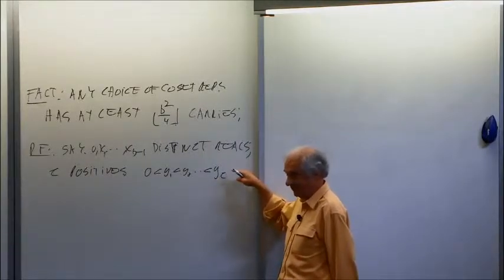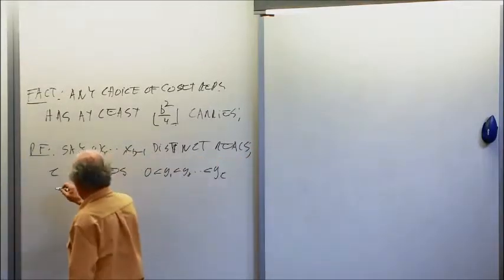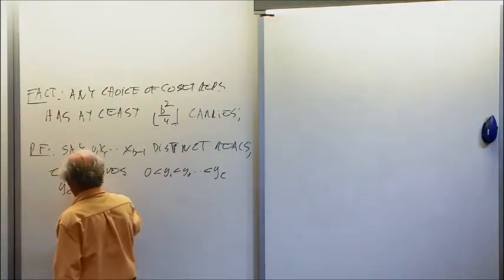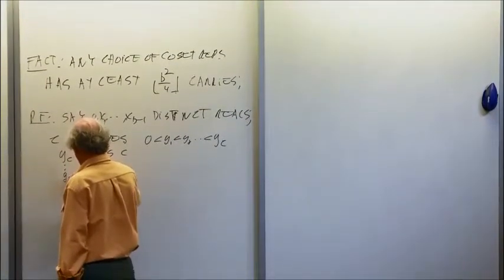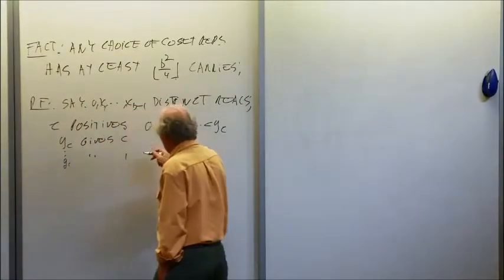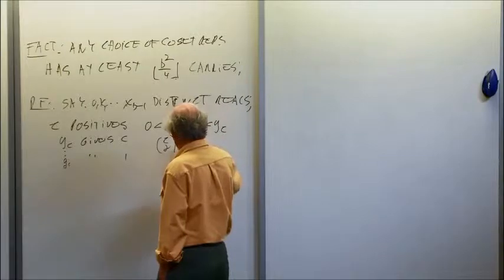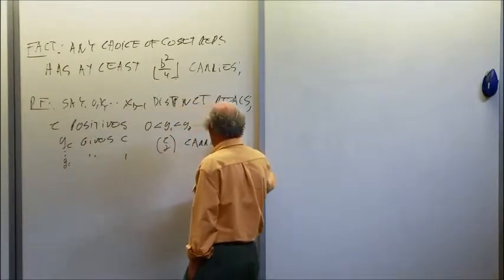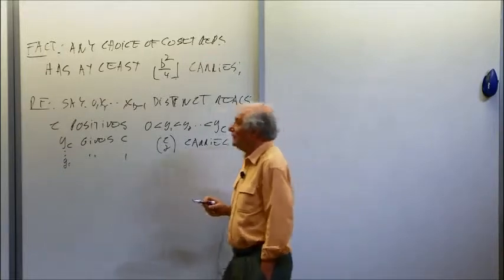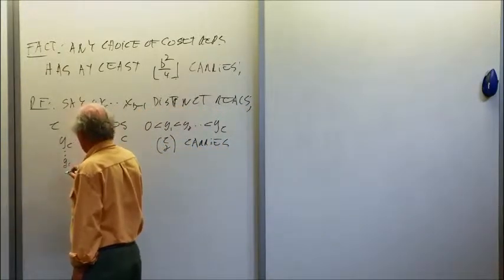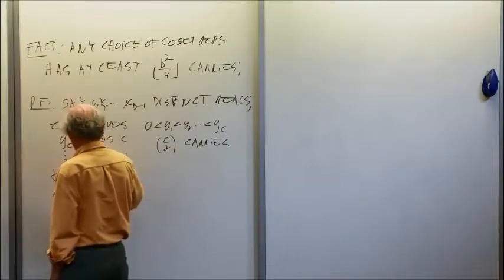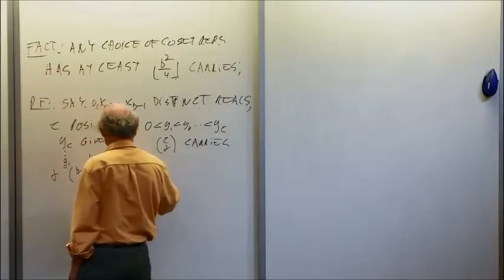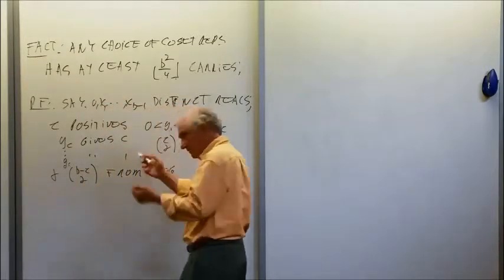So yc gives c, y1 gives at least 1, and so this gives c choose 2 carries, forced on you by addition. Similarly, the negative numbers induce carries, and it's b minus c choose 2 from the negatives. That's forced on you.